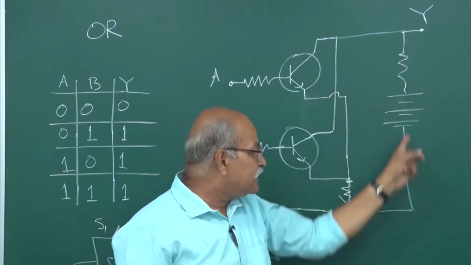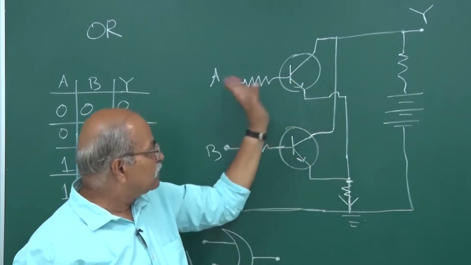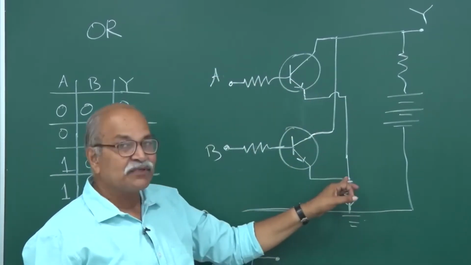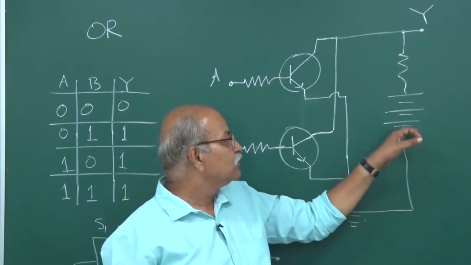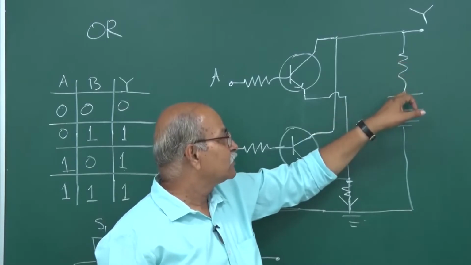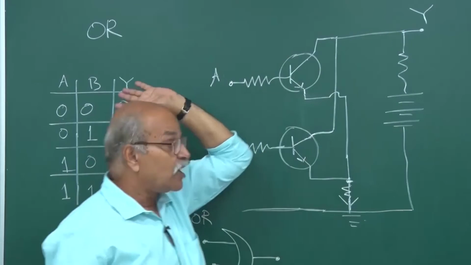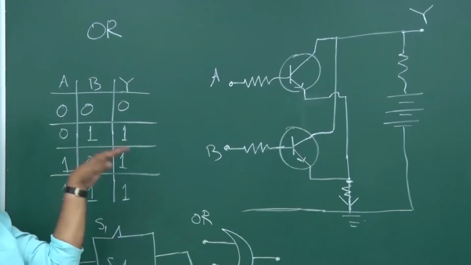And if there is no current, if 0 0, then this potential is the same as this potential, which is low. But if this is low, then you have no current here, so this potential appears here and that is high. So it is just opposite of this, it will be just NOT of this.